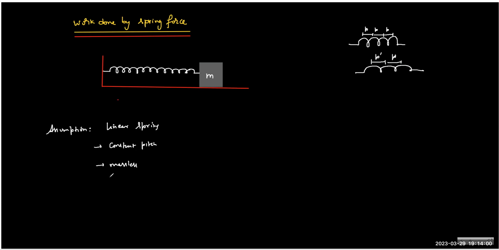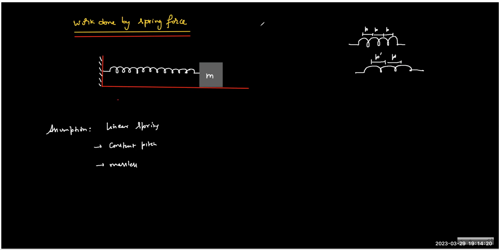Okay. And now, when a spring is massless, it means something, and you're supposed to know what it means. So whenever a spring is massless, what are we supposed to remember?